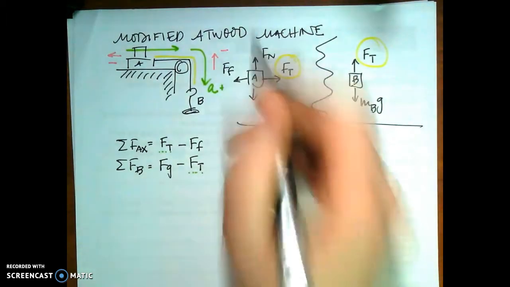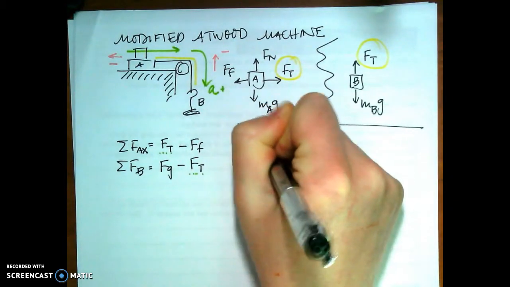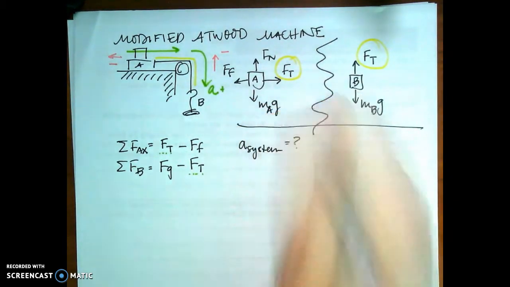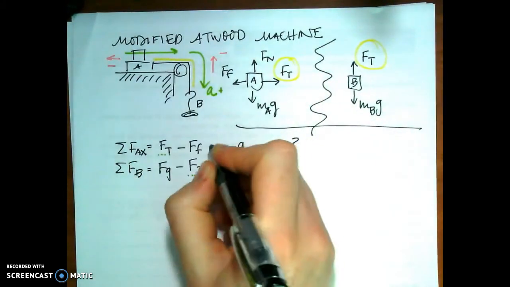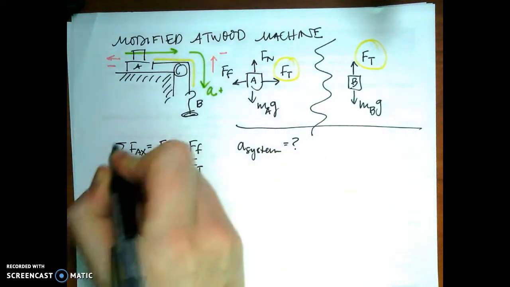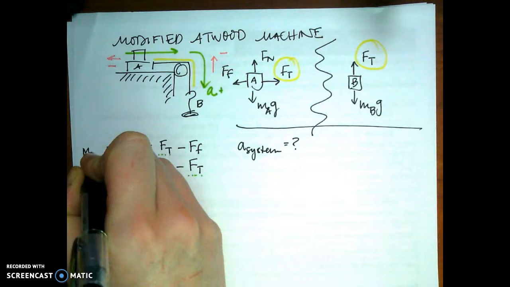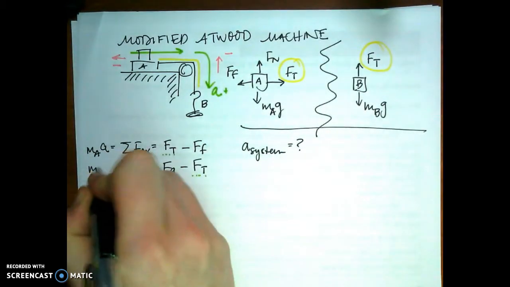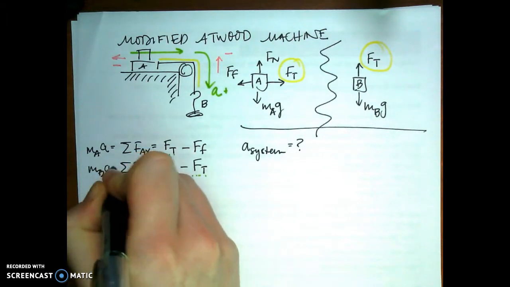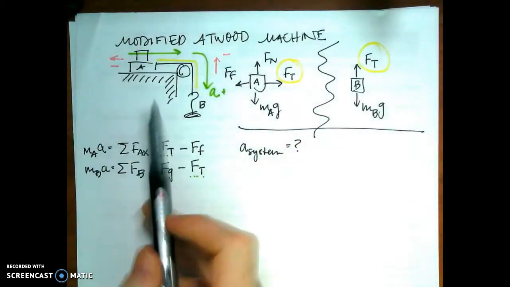So, if I want to find what's the acceleration of my entire system here, I'm going to find that by looking at both of these objects. Object A is going to experience the same acceleration as object B. They both have different masses though, which is one of the challenges that we'll have to figure out.